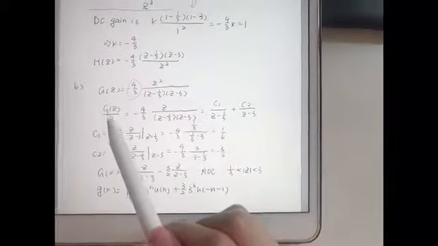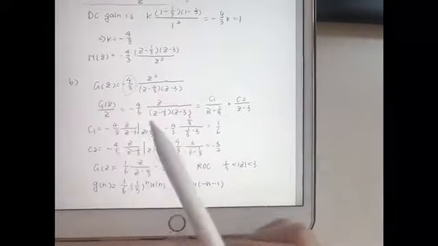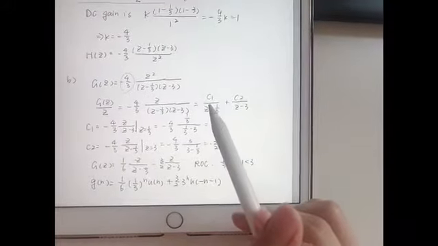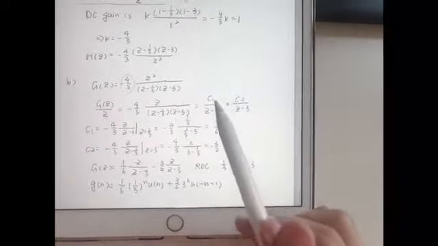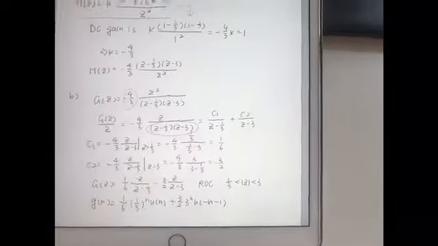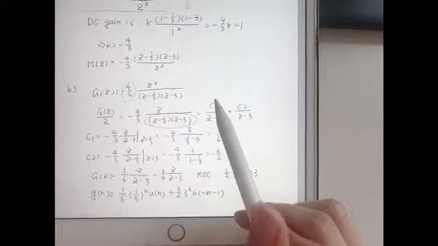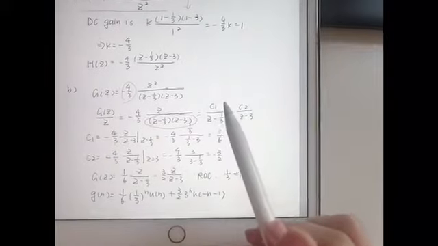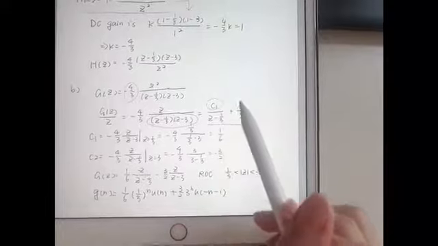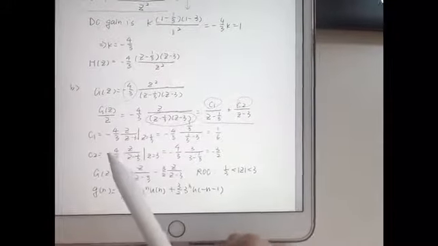We can first write G(z) divided by z, and we can separate it into two parts according to the fraction. We get this expression with C1 and C2, which we don't know at this time, but we can find them afterwards.